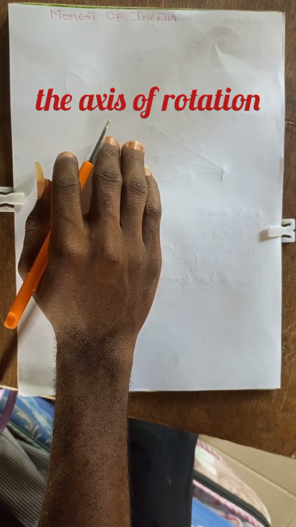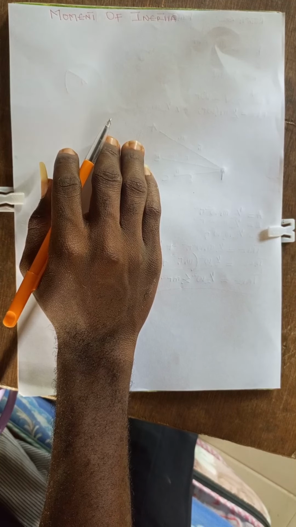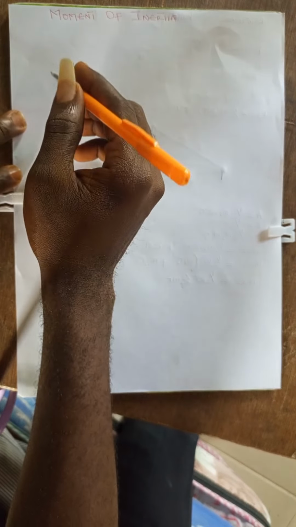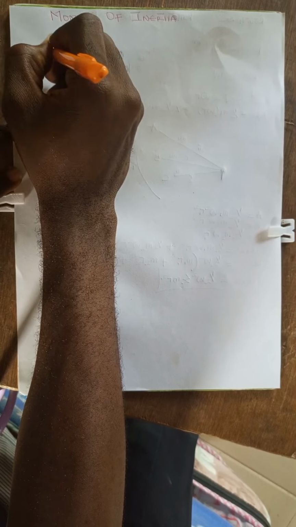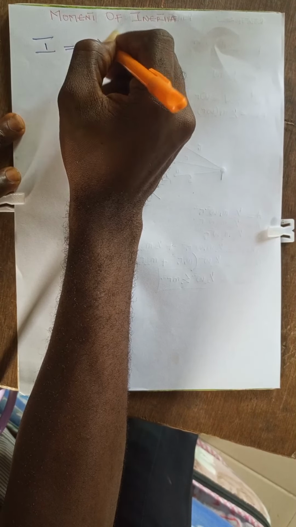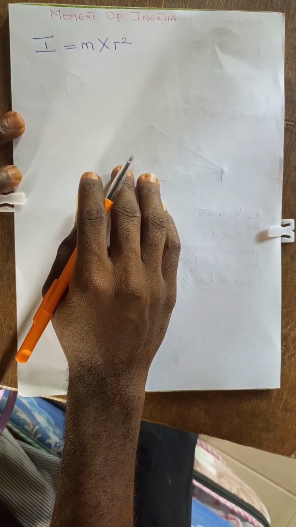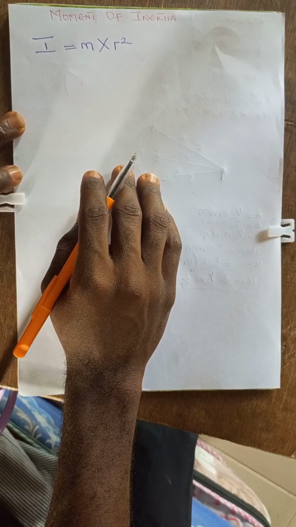This simply means you just multiply the mass of that particle by the square of the distance, or the square of the radius. So from this definition, we see that the moment of inertia is written as I equals the mass multiplied by the square of the distance from the axis of rotation.